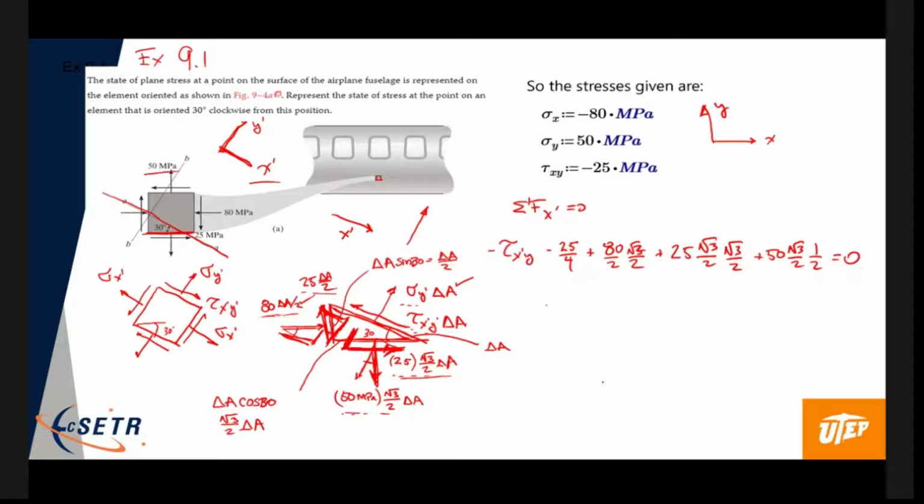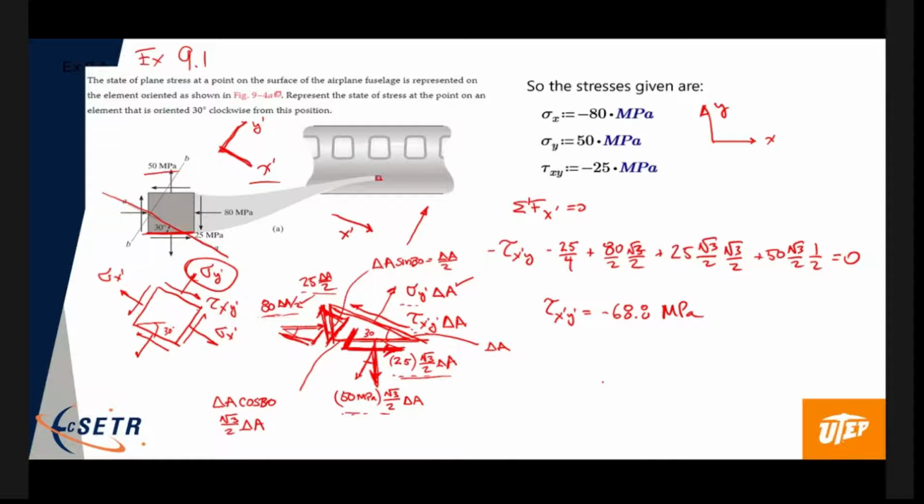You can solve all this out, and you would get that the x prime y prime component is hopefully minus 68.8 megapascals.